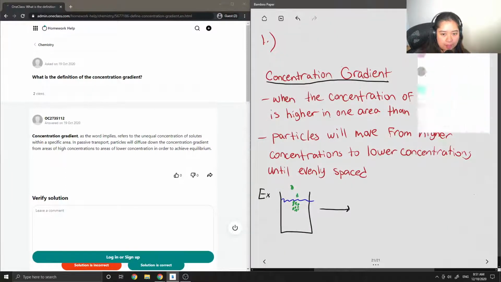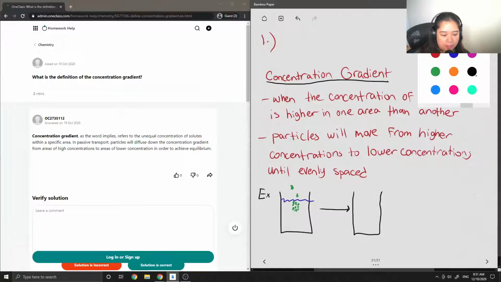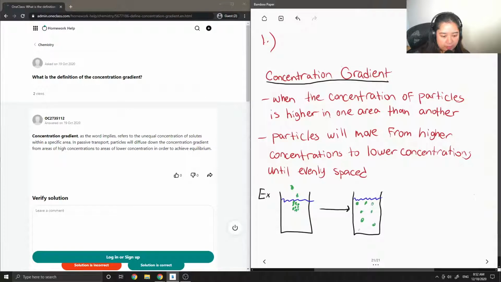But as time progresses, these food coloring water molecules start to become more evenly spaced and will spread all throughout your glass of water till you have just a green color. So that's just one simple example of a concentration gradient.